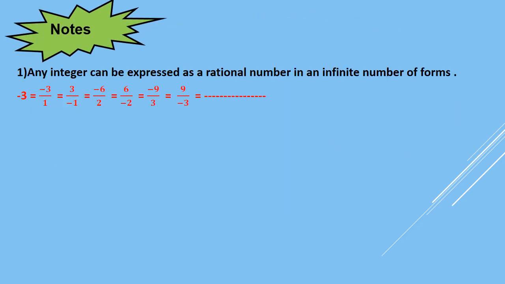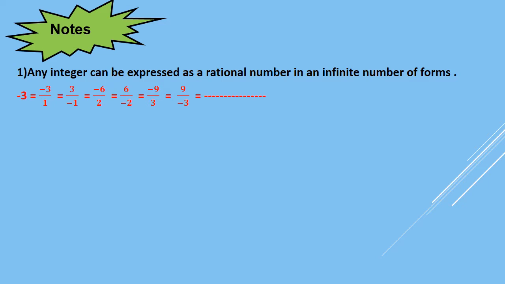Now let's have some notes. Any integer can be expressed as a rational number in an infinite number of forms. For example, -3 is an integer. I can write it as -3 over 1 or 3 over -1, a rational number. Or -6 over 2, because 6 divided by 2 equals 3.